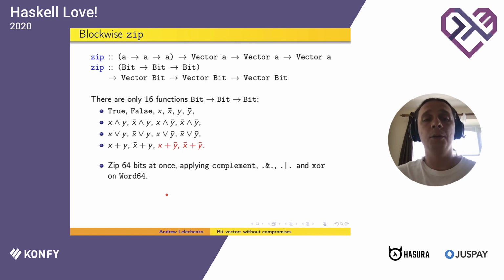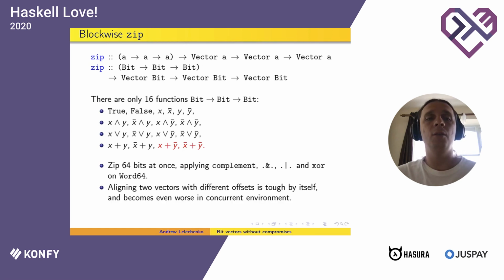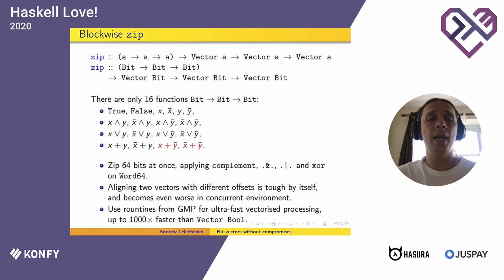Again, we can use blockwise operations on Word. It's even more difficult to align two vectors for zipping efficiently because they can have different offsets. And again, we can use libgmp for even better performance, because libgmp implements all these 16 basic functions in assembly, and once we dispatch to the correct one, it works very fast.